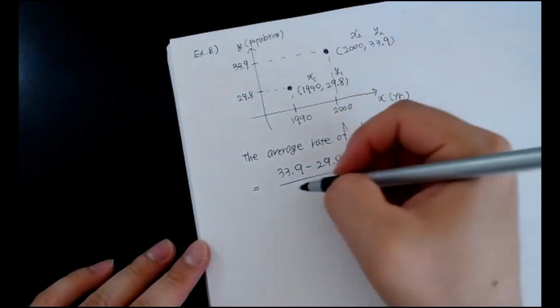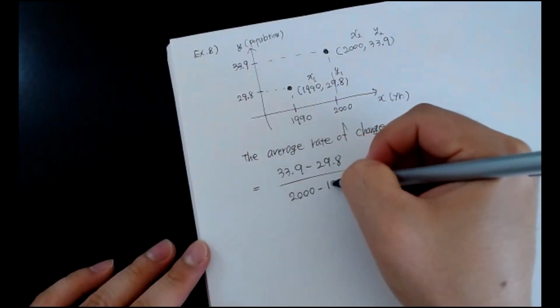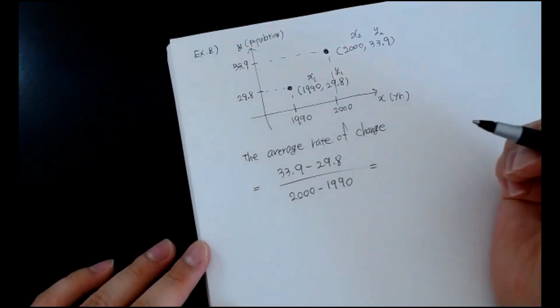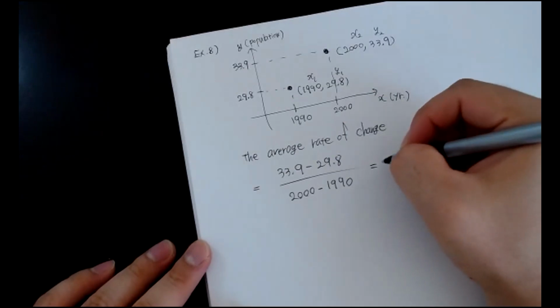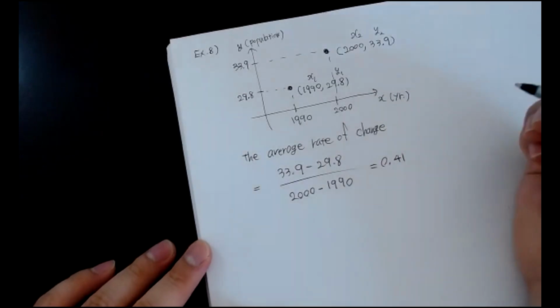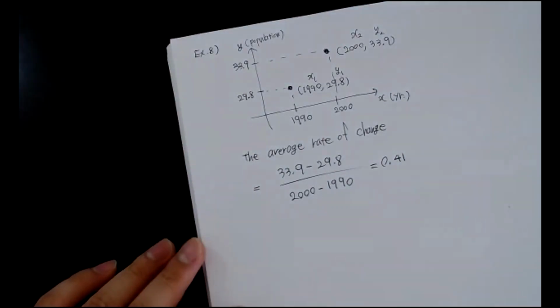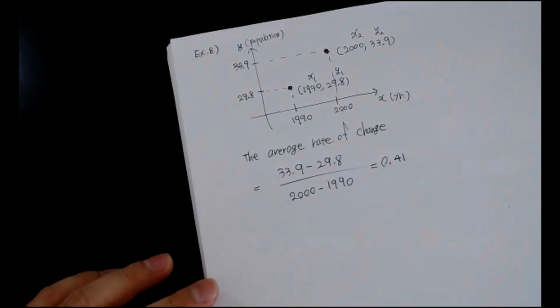divided by 2000 minus 1990. Okay, so we calculate this one. You're going to get, I think, 0.41. Now, what does that mean?